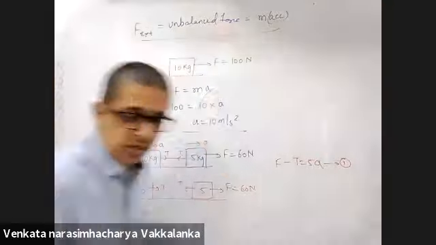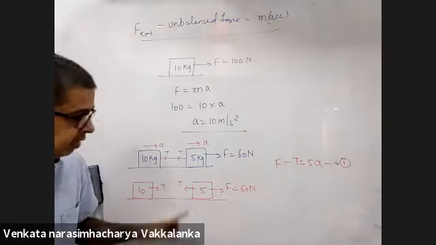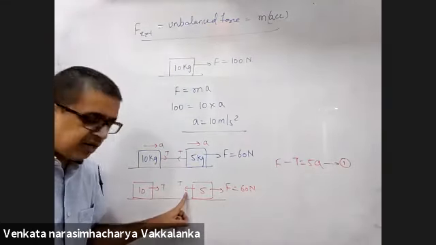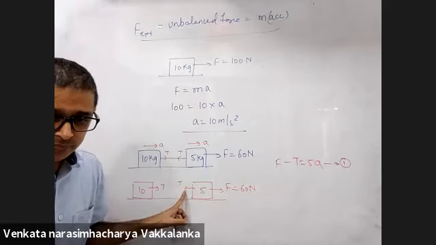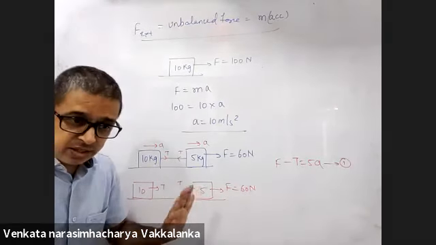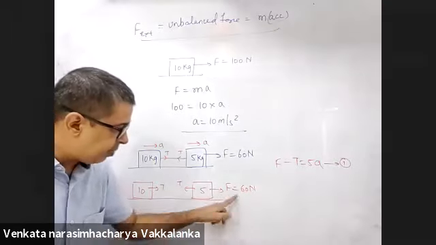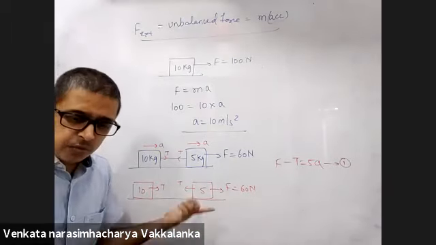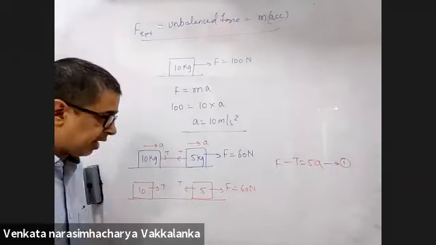This is my first dynamic equation. T is in the backward direction. F and T are not in the same direction. If they are in the same direction, I'll add them. If they are in opposite direction, obviously we will subtract.